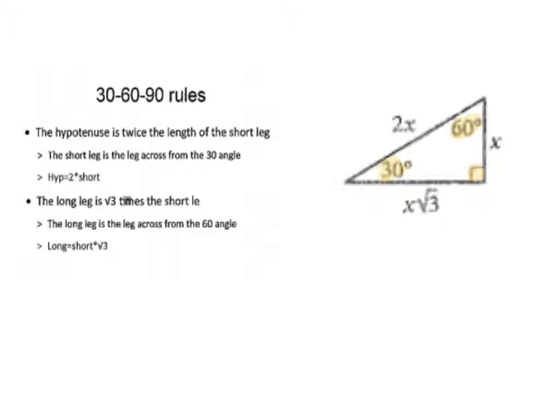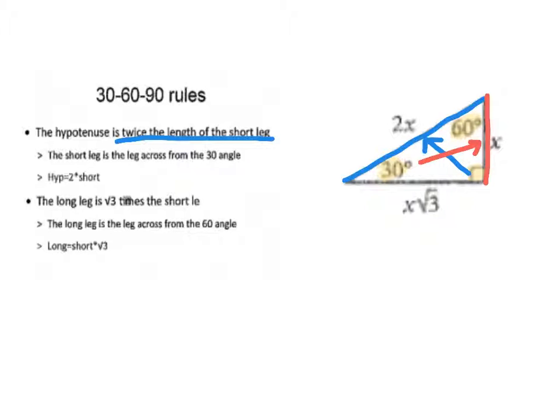So the hypotenuse is always the longest side, it's always across from the right angle, and this is always twice the short leg. The short leg is the shortest side in the picture. It should look like the shortest side. The shortest leg will also be across from the 30-degree angle. But it should be pretty obvious in these pictures which side is the short leg.